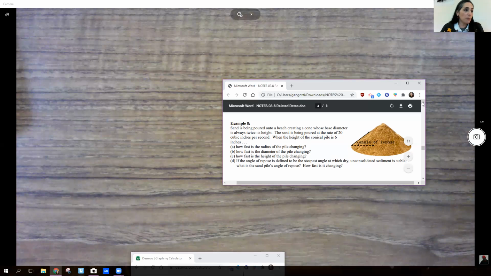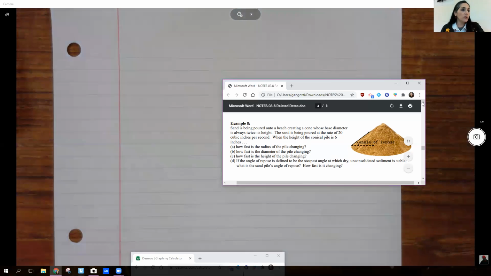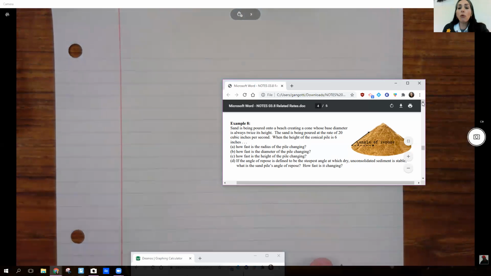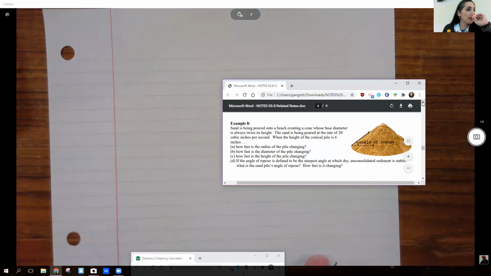So sand is being poured onto a beach, creating a cone whose base diameter is always twice its height, always, no matter what, in any moment in time, the base diameter is always going to be twice the height. The sand is being poured at the rate of 20 cubic inches per second. When the height of the conical pile is 6 inches, how fast is the radius changing?